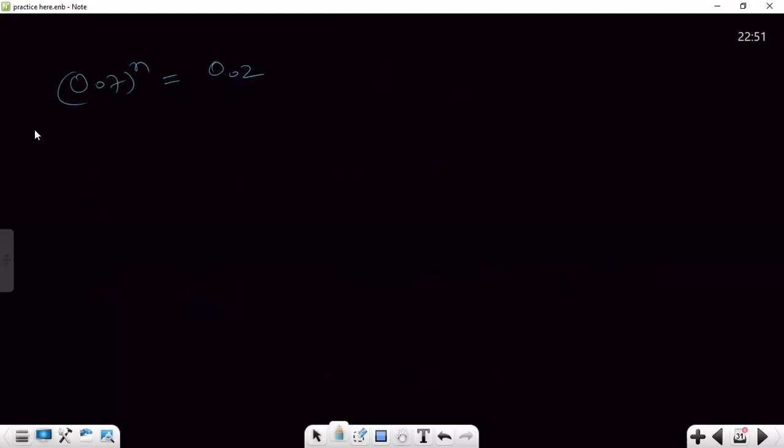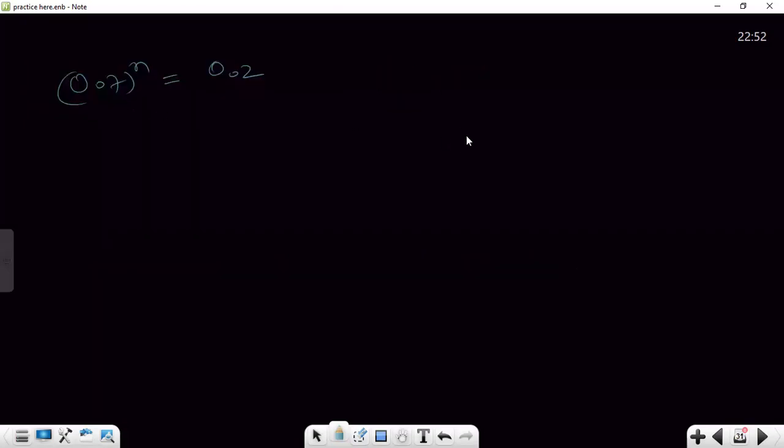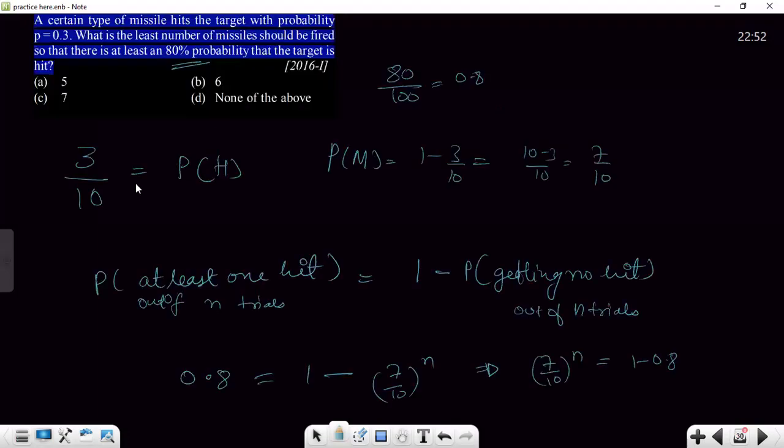So instead of getting into logarithms, let's do hit and trial, because we have to find n as an integer. If you find 0.7 raised to power 2, that becomes 0.49, which is not 0.2. Okay, and also one more thing.